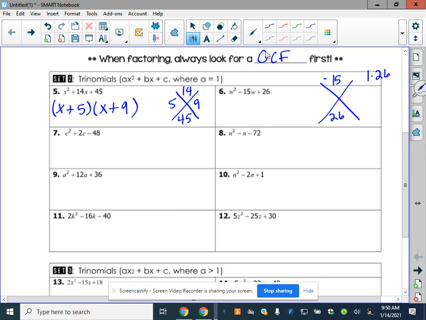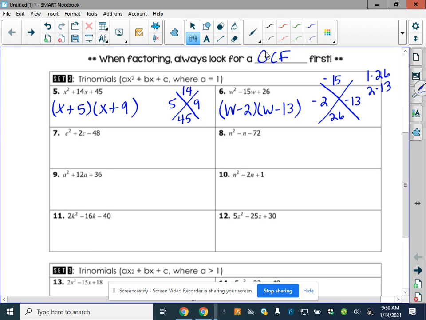That won't give me negative 15. 2 and 13 would give me positive 15 if I added, positive 26 if I multiplied. But if I make them both negative, then I could get the negative 15 when I add and the positive 26 when I multiply. So the final answer is, I have a w squared this time, so that would be w minus 2, w minus 13.